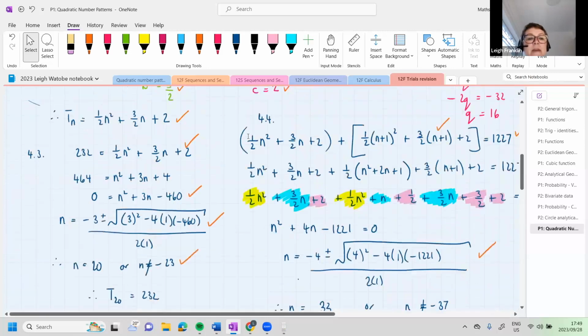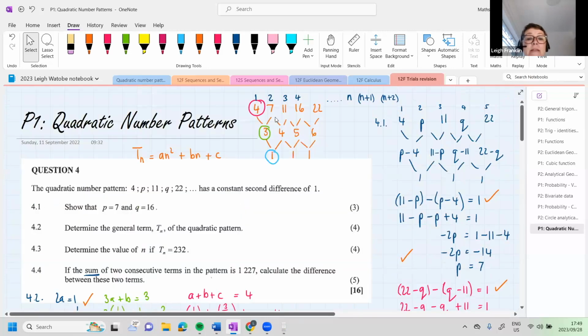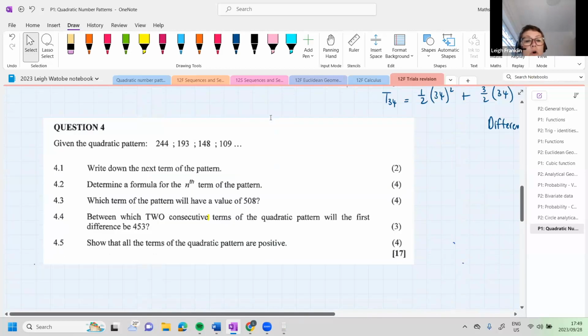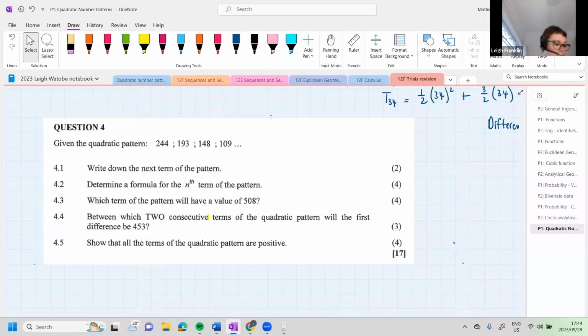The numbers up here got bigger, didn't they? Went from 4 to 7 to 11 to 16 to 22. What's happening with these numbers? Yeah, they're getting smaller, aren't they? Absolutely. So they're decreasing. Correct.